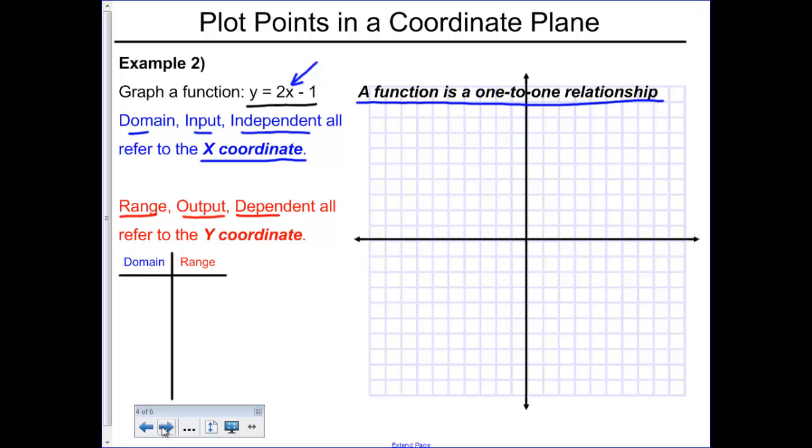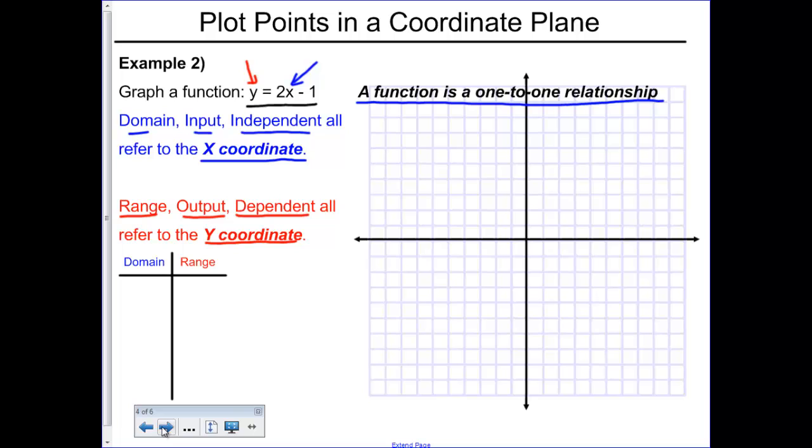Range, output, and dependent all refer to the y-coordinate. So in our function, our equation, the y value is the y-coordinate is the output. We often refer to it as range. So for every one input, it should only match one output.